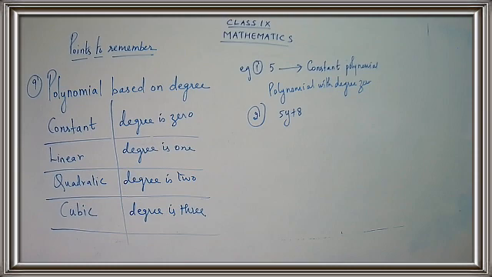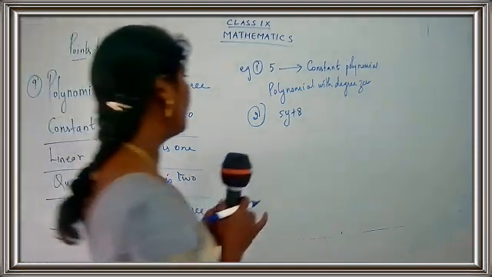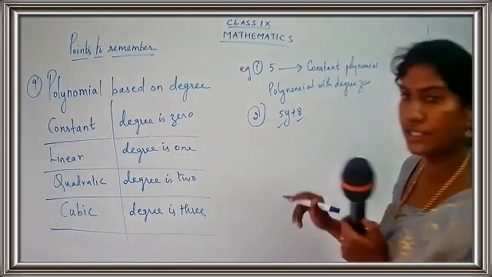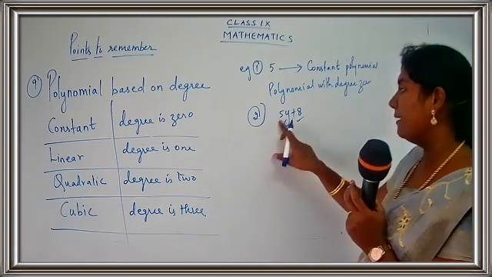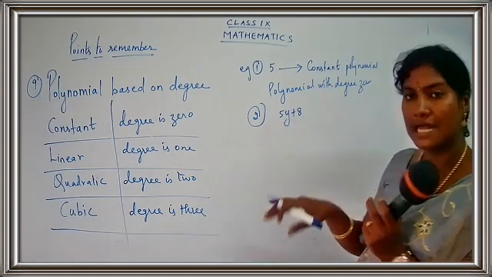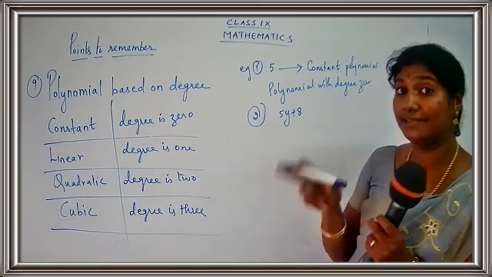So now what is the meaning of 5y plus 8? I have told you that we have to check the polynomial based on the degree. Here how many terms are there? Two terms are there. So two terms means it is a binomial. Okay, that is agreed. But now here I don't want the answer in terms of terms. I want the answer in terms of degree.